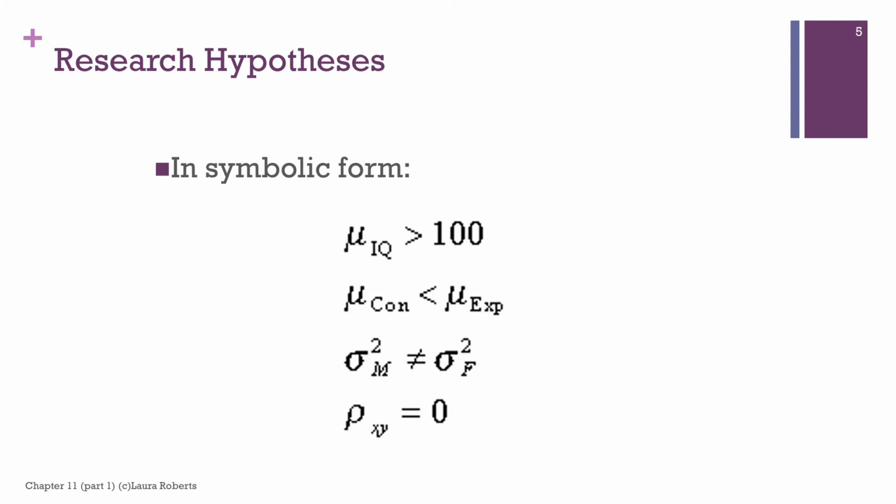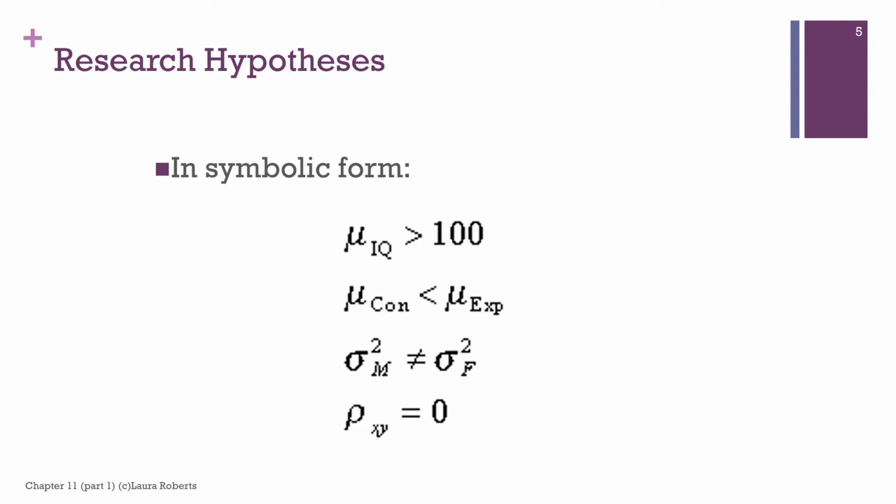Men and women exhibit different degrees of variability in depression, so the variance for males is not equal to the variance for females. There is no relationship between IQ and math anxiety, so that symbol rho sub xy is the correlation between x and y, and it equals 0.